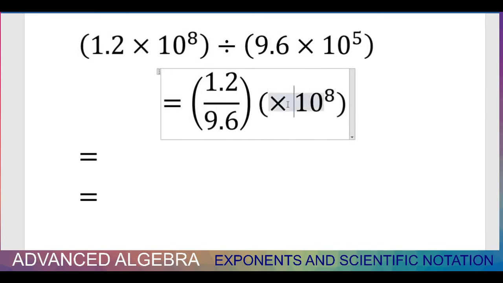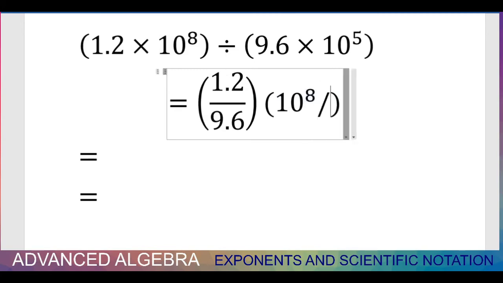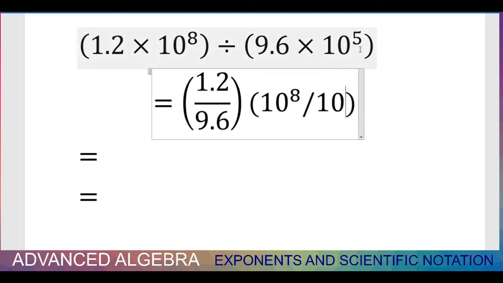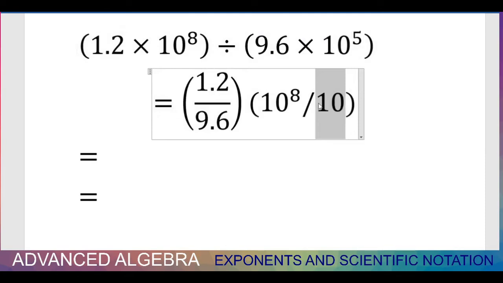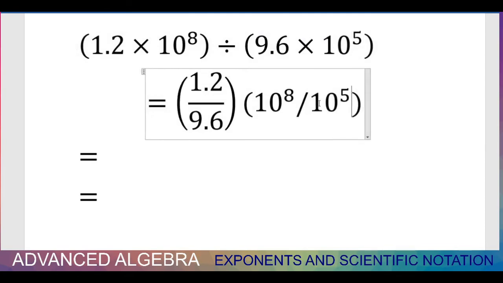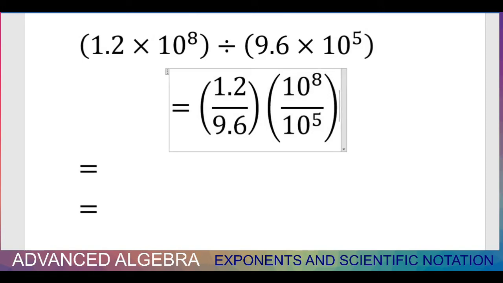Minus pala kasi divide, di ba? Wait lang, divide nga pala. So, divided by 10 to the 5th power. O nga pala, ganyan nga pala.